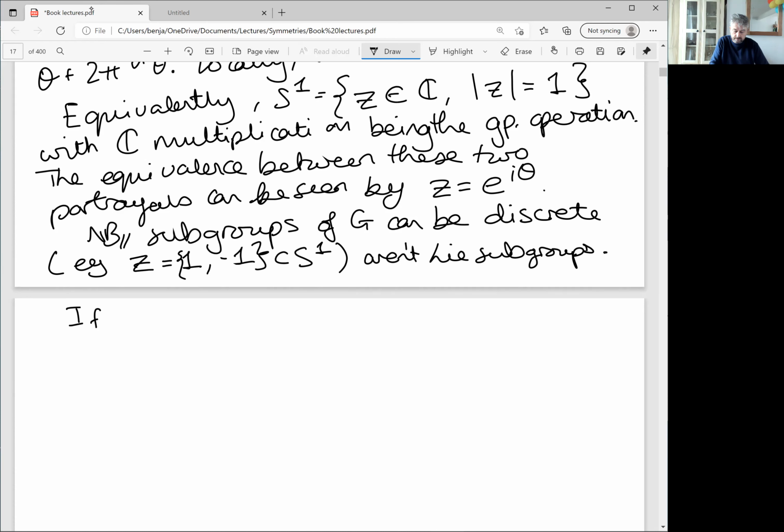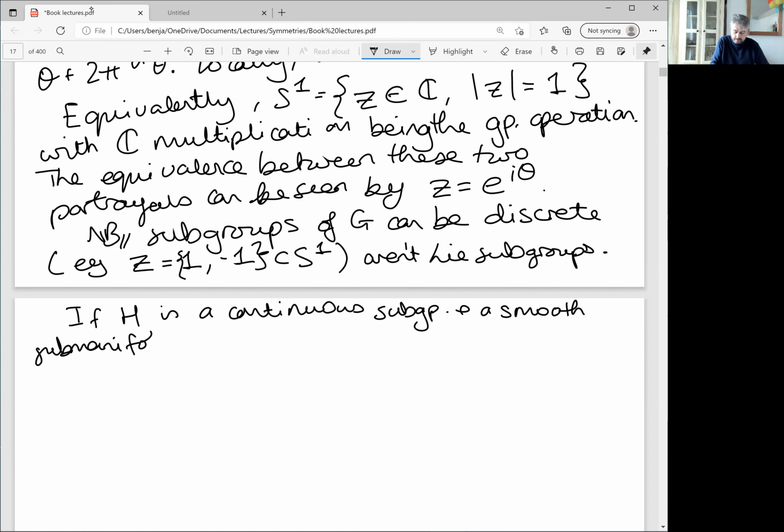So if subgroup H is a continuous subgroup and a smooth submanifold of the Lie group G, then it's a Lie subgroup. It's just a nomenclature, really. It's called a Lie subgroup.